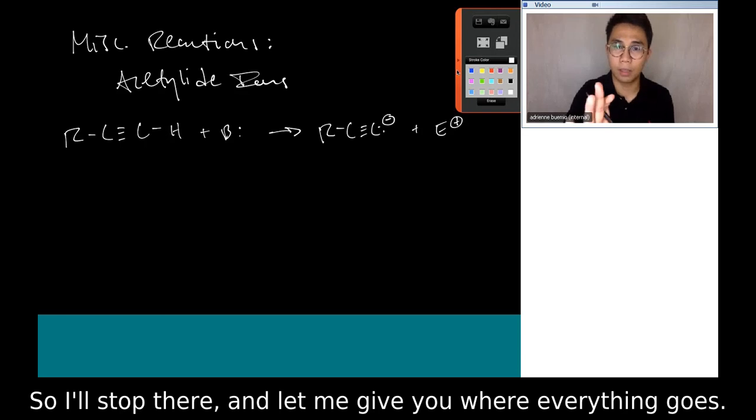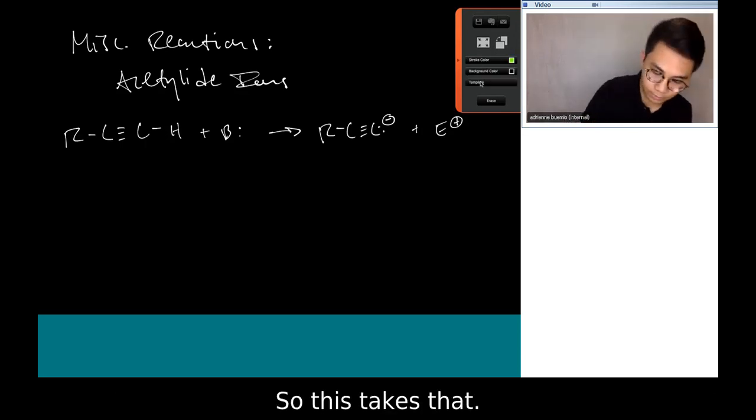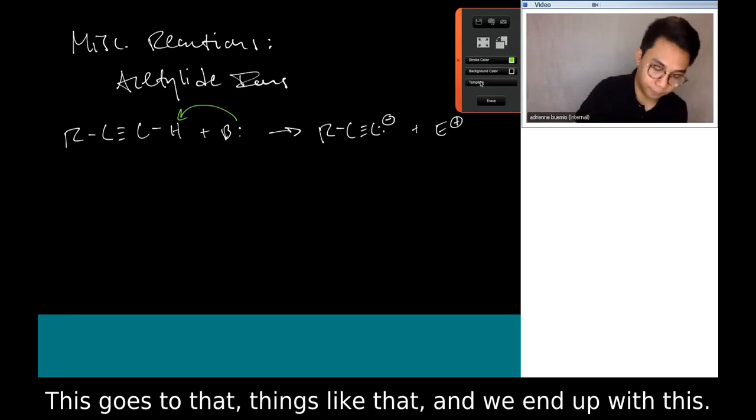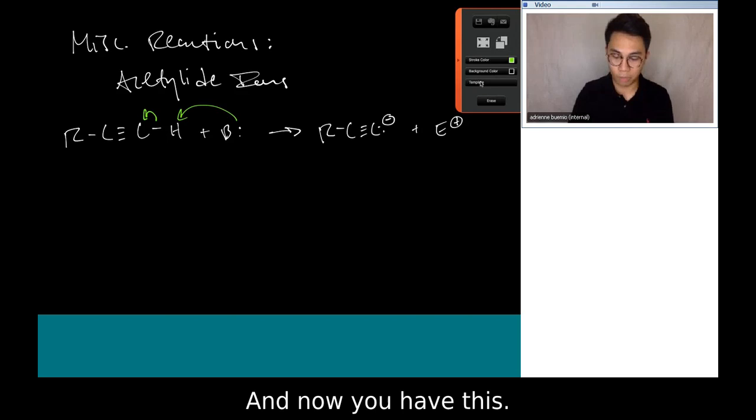I'll stop there and let me show you where everything goes. So this goes to that, things like that, and we end up with this. And now you have this, right?